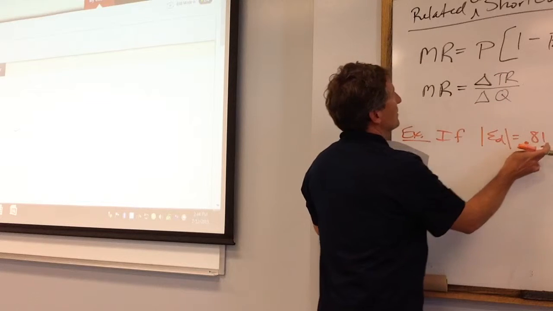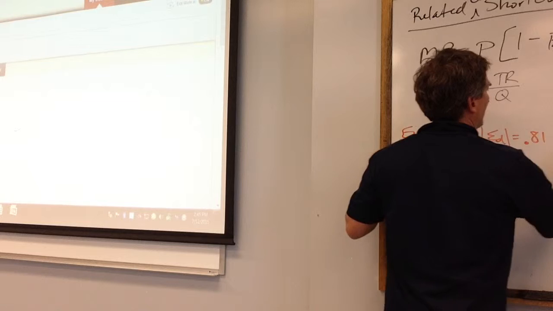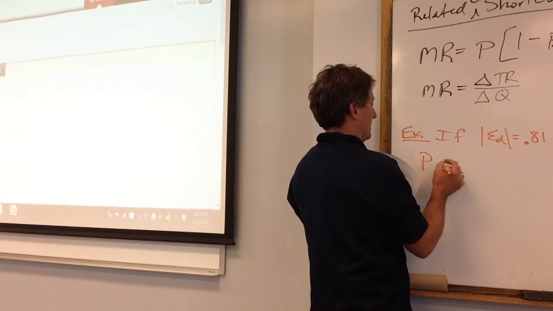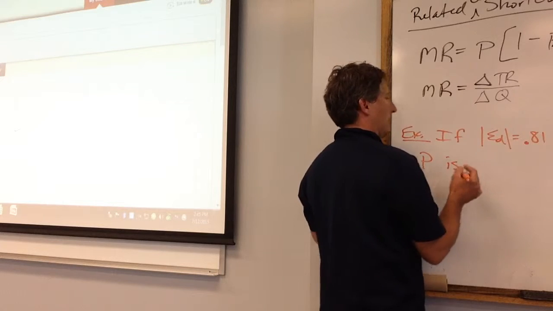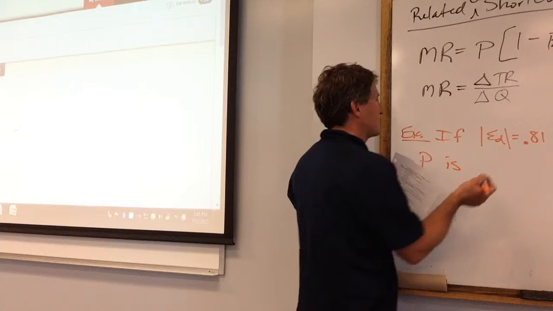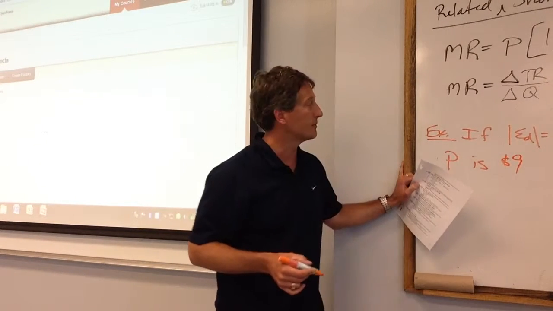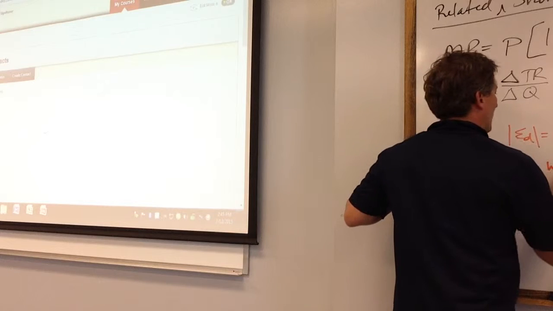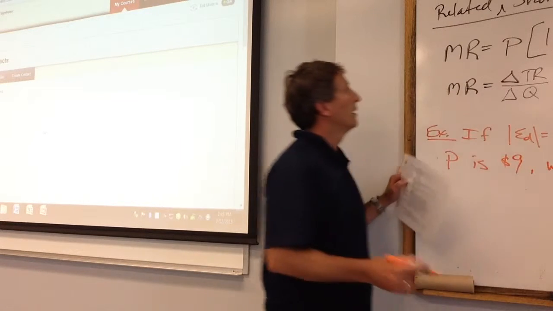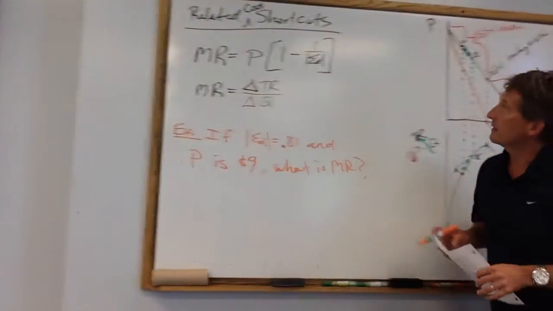If the elasticity of demand equals 0.81 and price is, what was our first price with that one? $10. We could even do $9, the average. And price is $9. What is marginal revenue? So go ahead and crank that into your calculator. Just plug these numbers in.